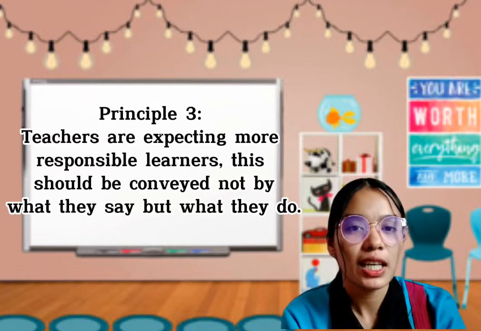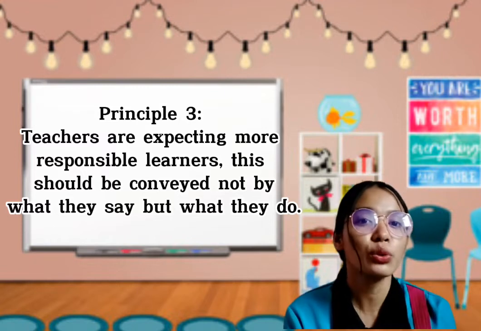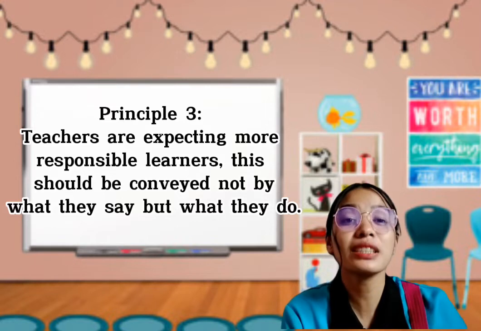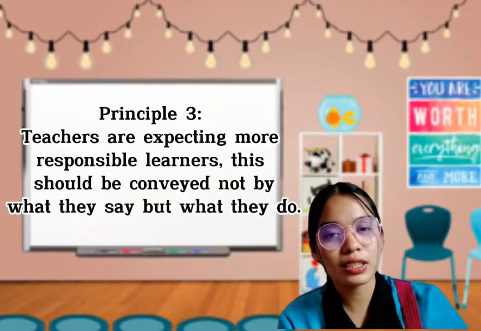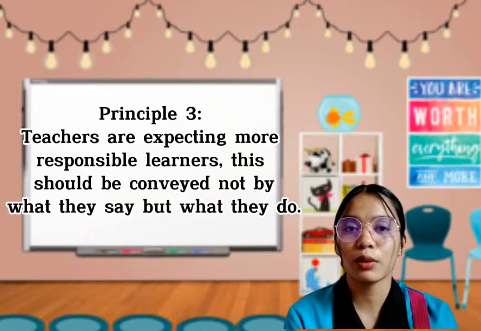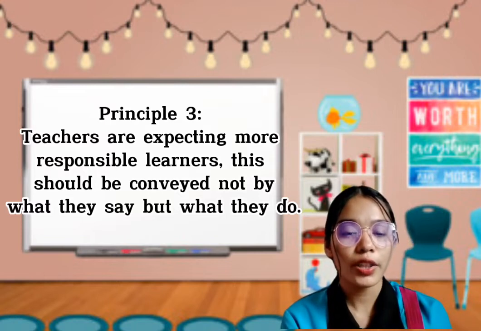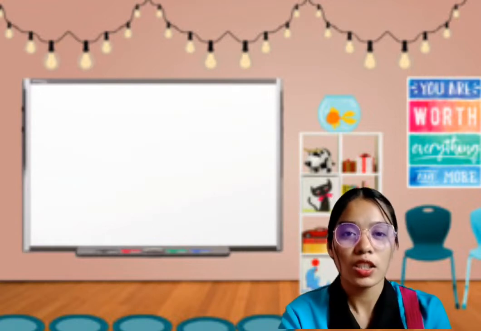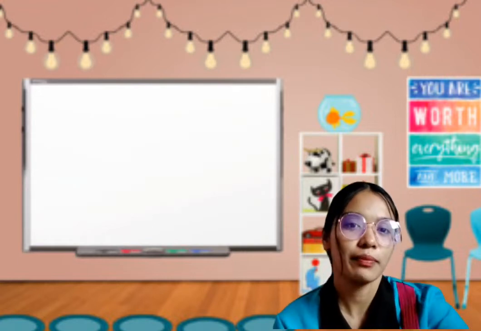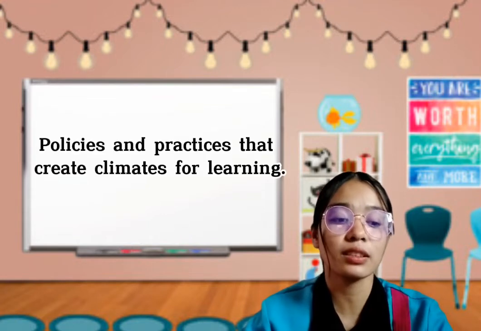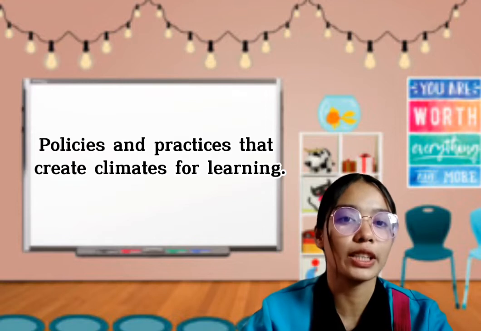But when you see the actions of what someone does, we can trust it easily because we see and witness what a particular person does, or that he or she has the willingness to do such a thing. So at this moment, we will proceed to the policies and practices that create climates for learning.